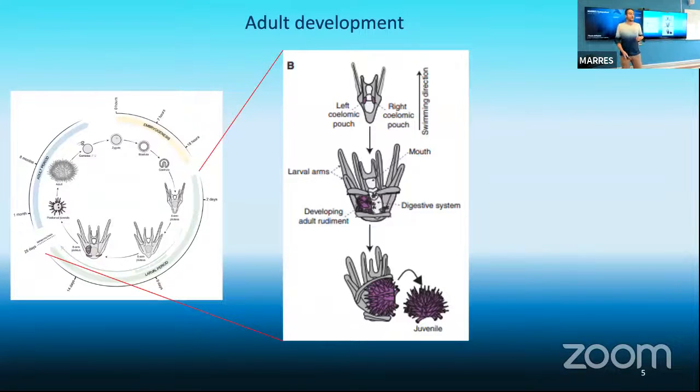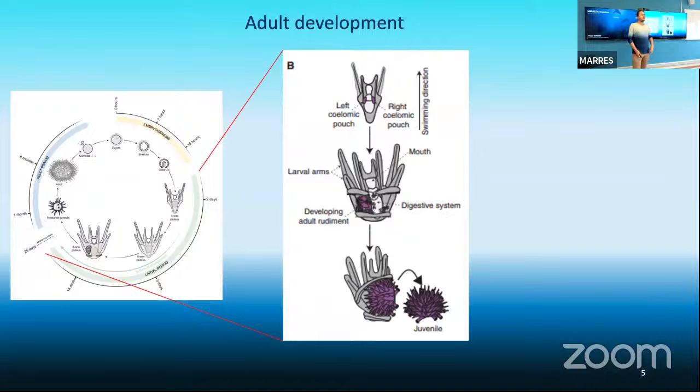If I sum it up really quickly, first, you have the formation of the larva, and during the larval development, on the left side of the larva, a new structure will develop called the rudiment, and the rudiment will be the precursor of the juvenile. Once the rudiment reaches maturity, the larva can undergo metamorphosis. During the metamorphosis, the rudiment will evaginate, engulf the larva, and give rise to the juvenile.